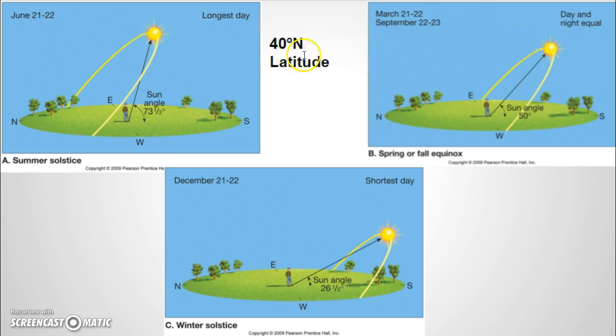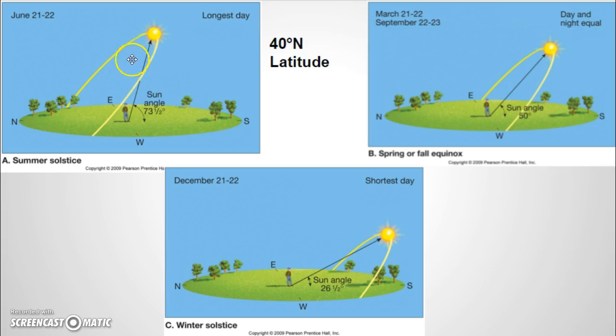If I look at 40 degrees north latitude, which is close to us, right? We're 42 degrees north. At 40 degrees north latitude, in the summer solstice, the sun is, well, not quite directly overhead, but its highest point is going to be 73.5 degrees. And I can calculate this using the Analemma chart.